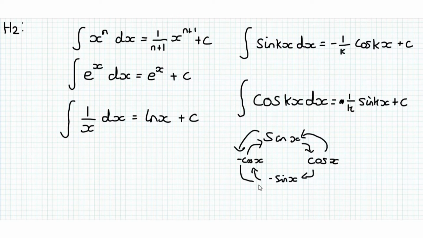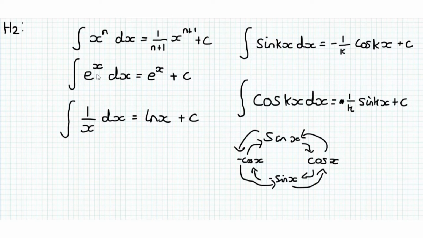Alright, so that's it for H2. The only other thing to add is, it says here you should be able to integrate related sums, differences, and constant multiples. For all of these, you can just take any constant multiples out.